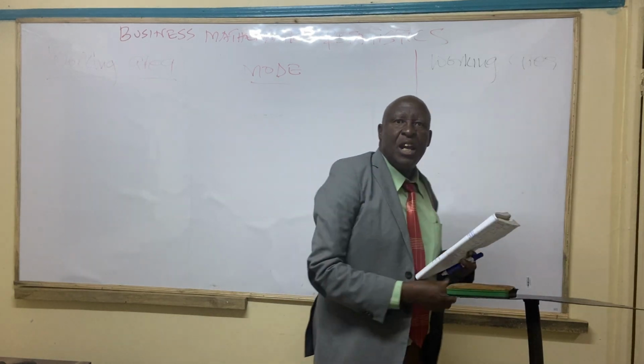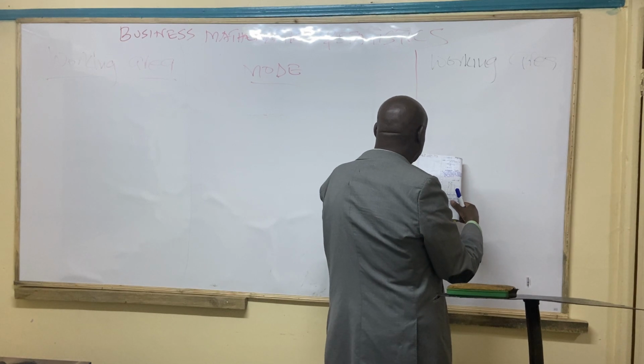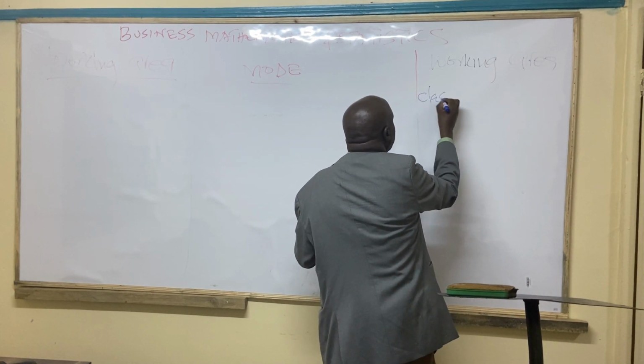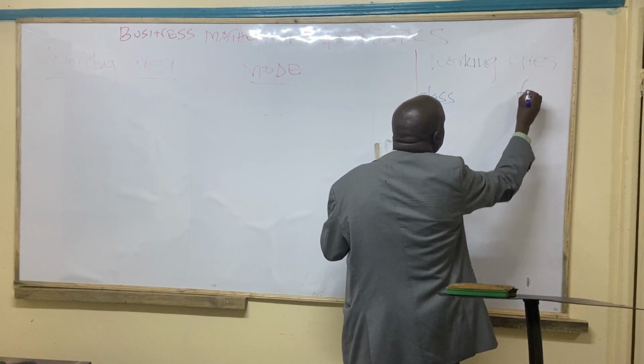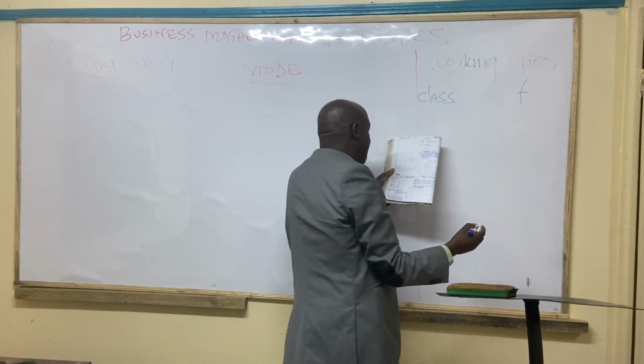The most occurring number in a given data could be like this. F stands for frequency.